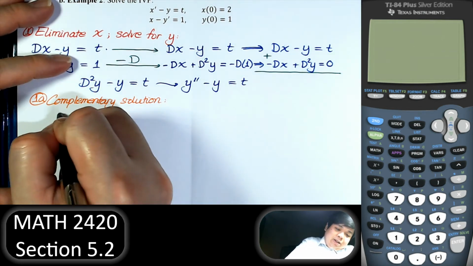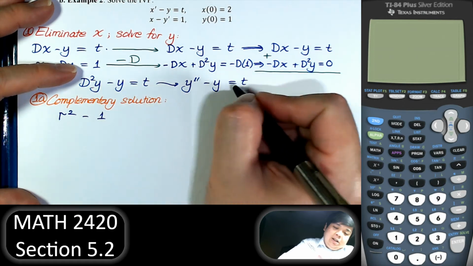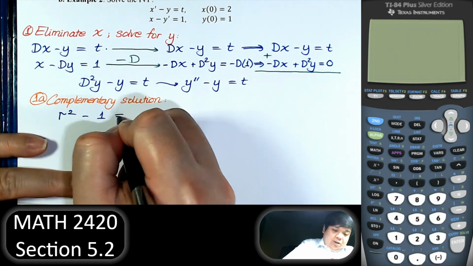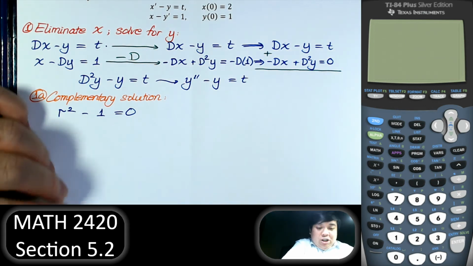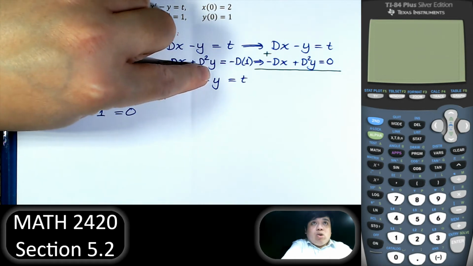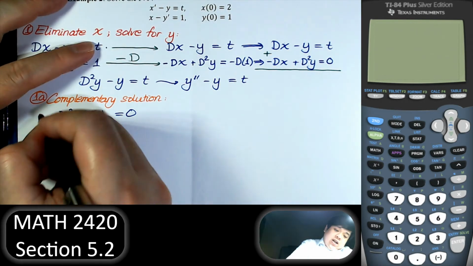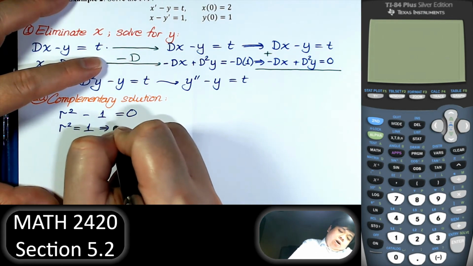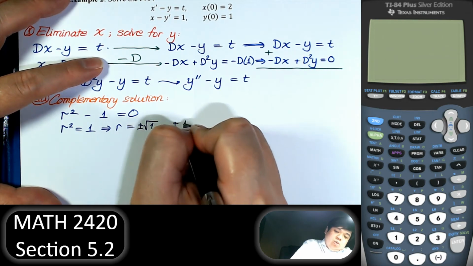So that gives us r squared minus 1 equal to 0, because homogeneous. Homogeneous equation, y double prime minus y equal to 0, gives us auxiliary equation r squared equal to 1. So r equal to plus or minus square root of 1, which is still plus or minus 1.